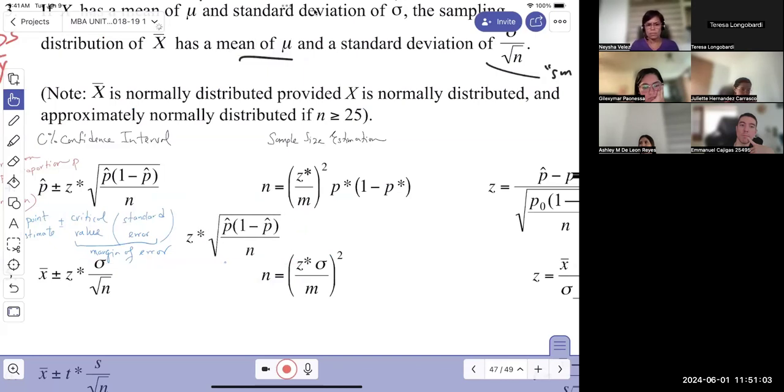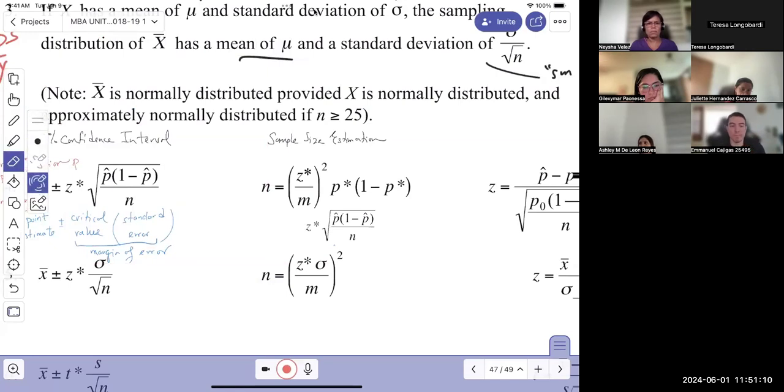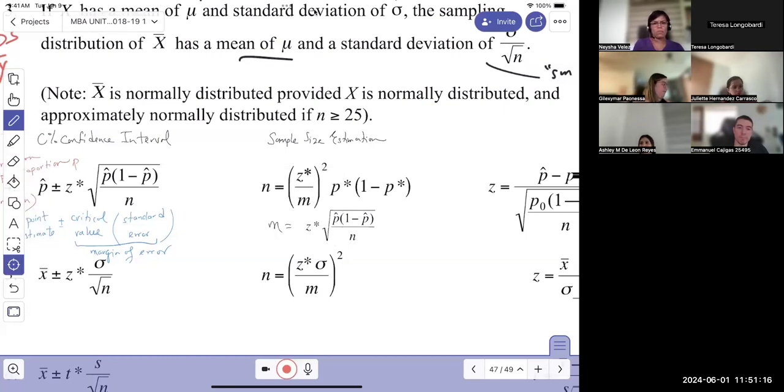And what I'm going to do with this is call it M. And I'm going to say, let's say I want a specific margin of error. I want a specific number. What is the sample size I need? Do you see now we have an equation?